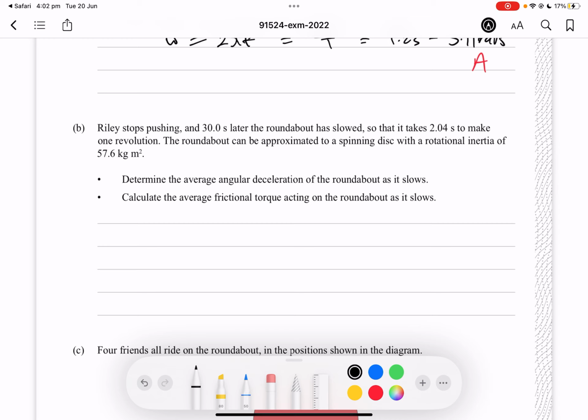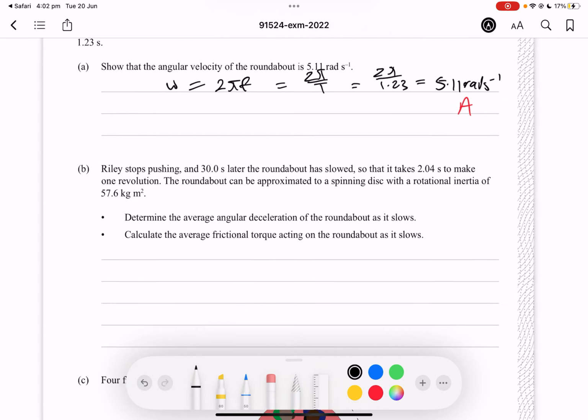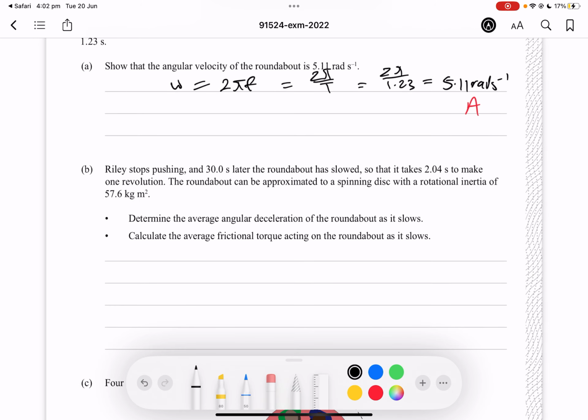For the average angular deceleration, we'll just look at the initial angular velocity and the final angular velocity and how long it took for that change to occur. We know that the initial angular velocity was 5.11 radians per second. And afterwards, it's going to take 2.04 seconds to make one revolution.